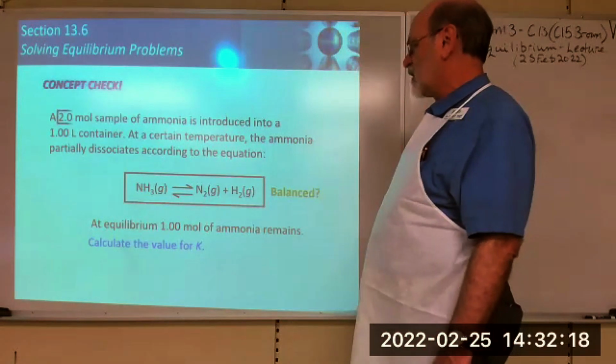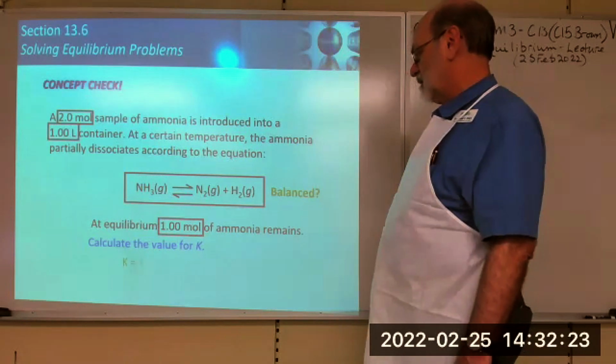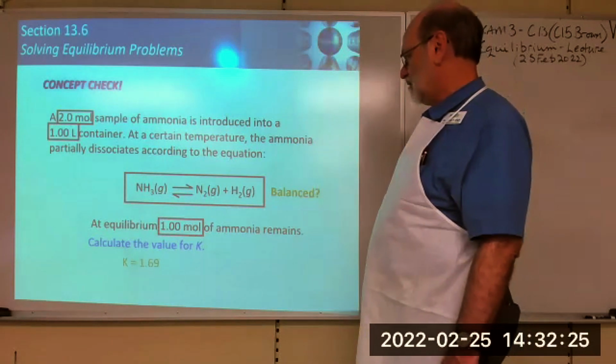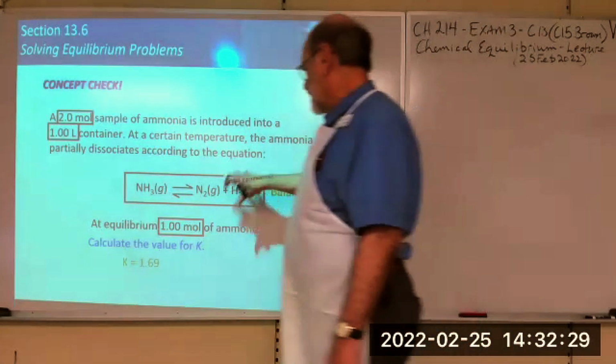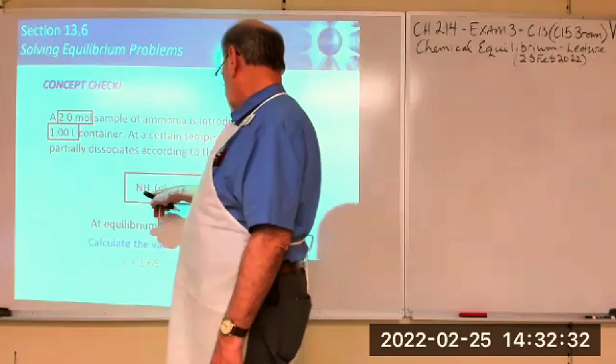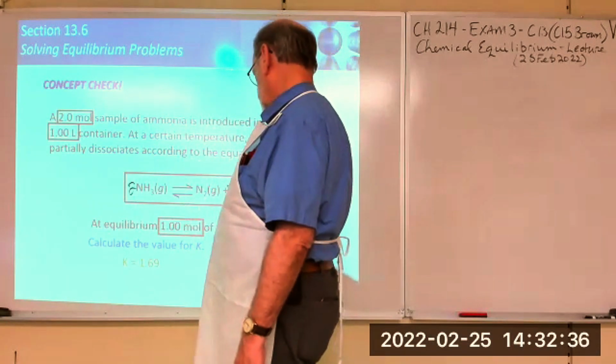All right, balance that equation first. Well, you identify what's given. Oh, it's not going to do it for us. Okay, so we have to balance the equation, which means we need 2 here and 3 here.